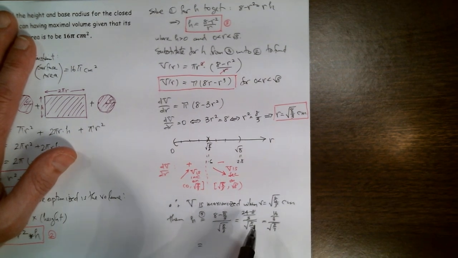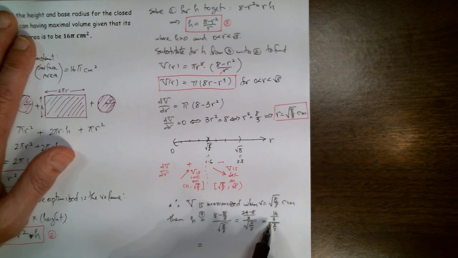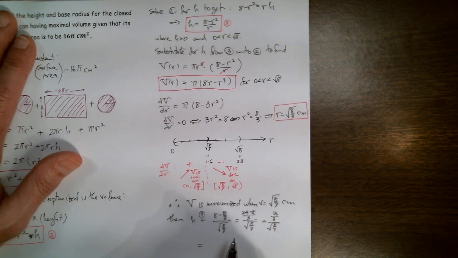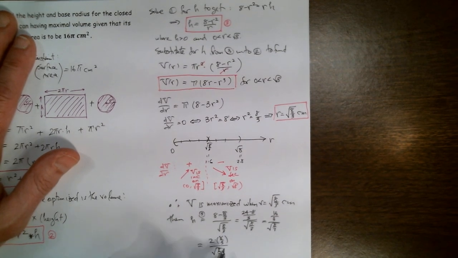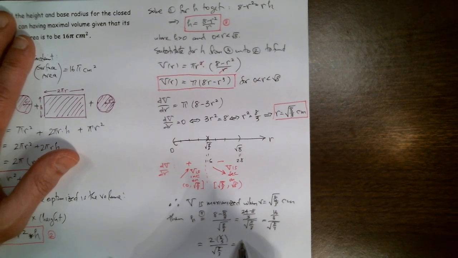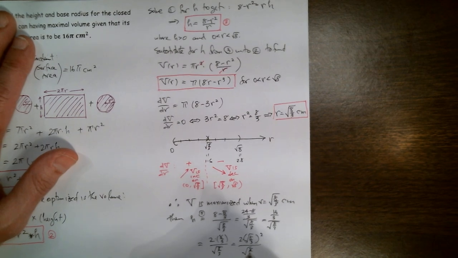Well, 16/3 is 2 times 8/3. So let's rewrite that as 2 times 8/3 over the square root of 8/3. But 8/3, you could say, is like the square root of 8/3 squared. So it's like 2 times the square root of 8/3 to the second divided by the square root of 8/3.